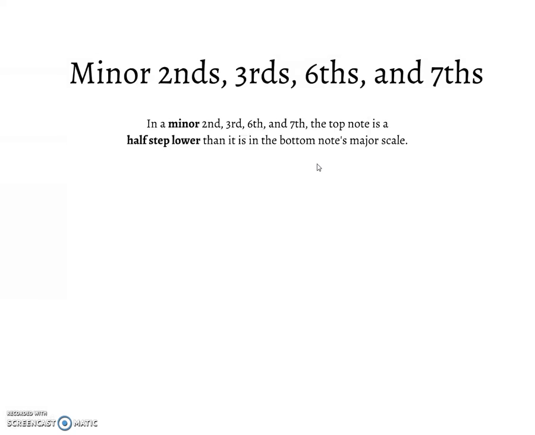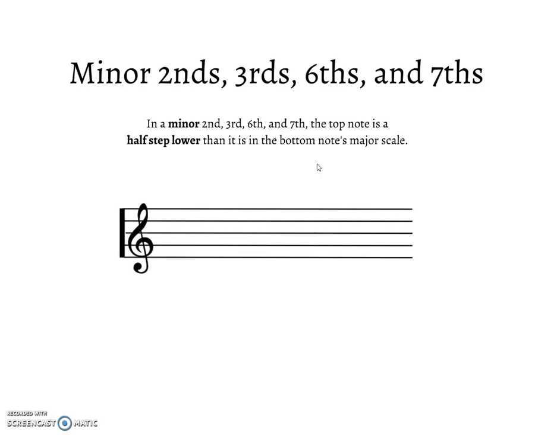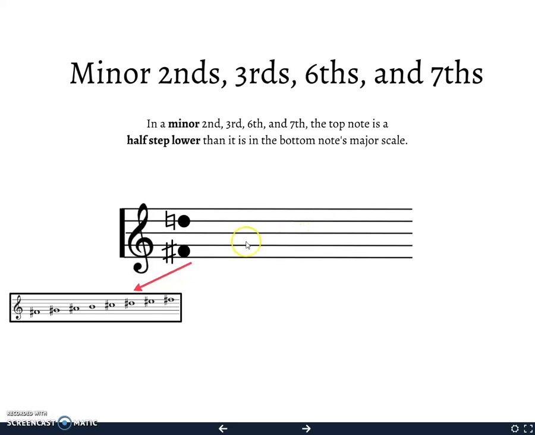Here are the minor seconds, thirds, sixths, and sevenths. In a minor interval of these sizes, the top note is a half step lower than it is in the bottom note's major scale. So the note name is the same, but the accidental has made it a half step lower. So our F sharp scale is here. To make a major sixth, we need D sharp.